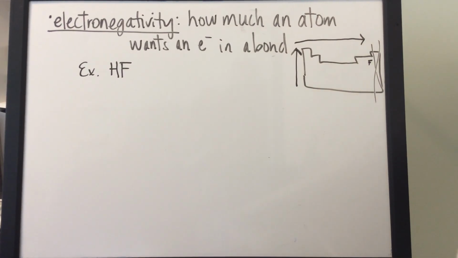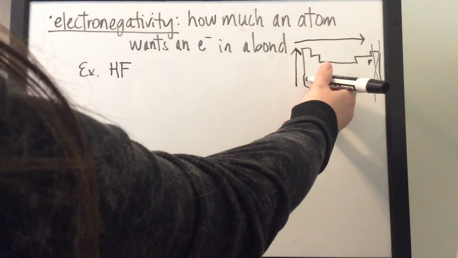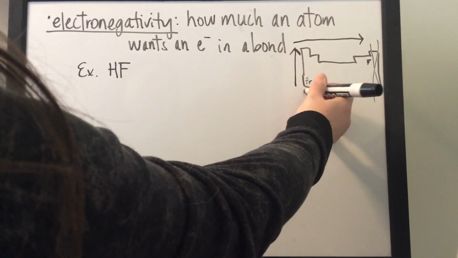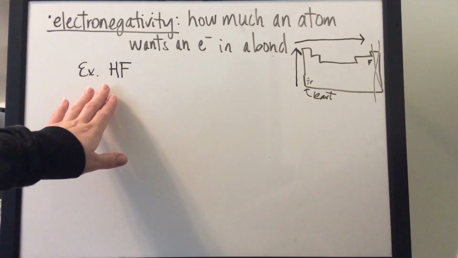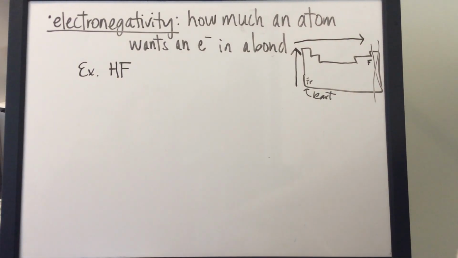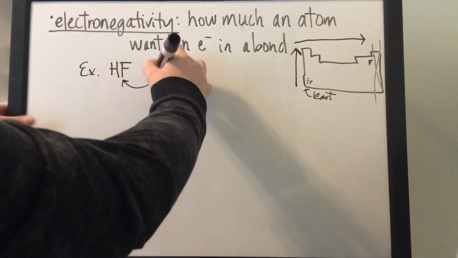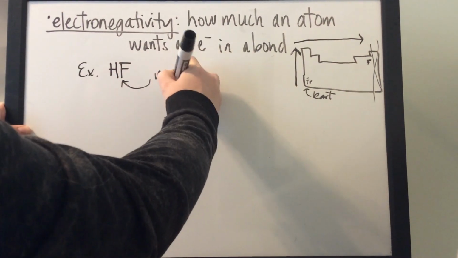Remember, they already have 8, their octet. So fluorine is your most electronegative element on the table, making francium, in the bottom left corner, your least electronegative. In the discussion between hydrogen and fluorine, it's a pretty easy answer. Fluorine is more electronegative.